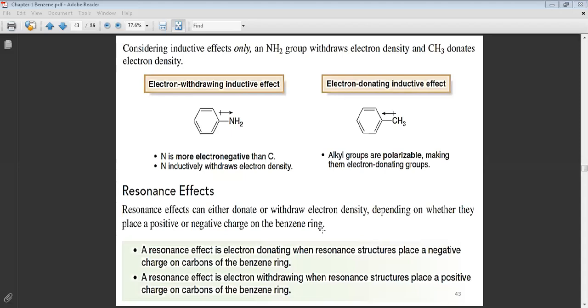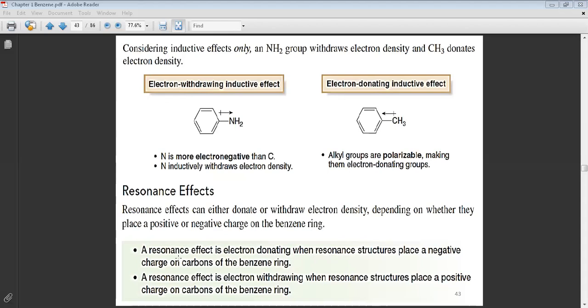Okay, now I explain this for you. Don't worry about that. Look, take this. A resonance effect is electron donating anytime the resonance structure places a negative charge on carbons of the benzene ring. That means if we have a negative charge on the benzene ring, the resonance will be donating, because it increases the electron density on the benzene ring.